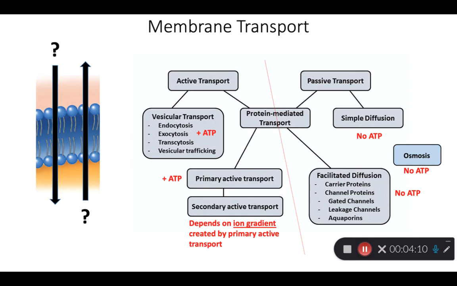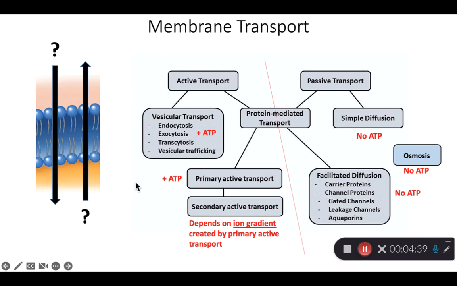The molecule is going from high concentration to low, but because it can't get through the membrane on its own, it needs to be facilitated using either a carrier protein, a channel protein, a gated channel, a leakage channel, or if you're water, you use an aquaporin channel. We'll talk a little more about those, but that's facilitated diffusion.